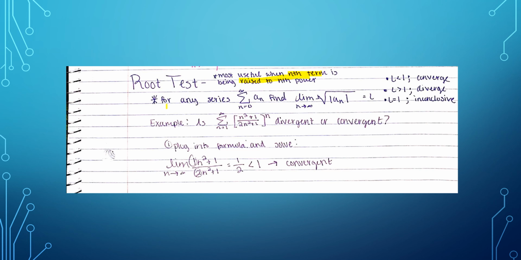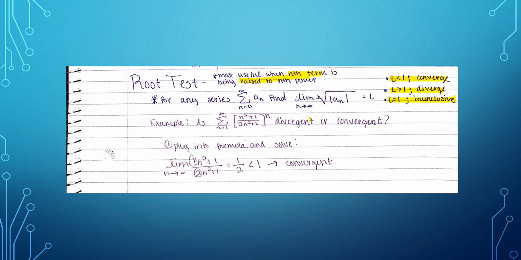Our little formula for this is that for any series, you need to find the limit of the nth root of the absolute value of that series, and that will give you your L. If L is less than 1, the series converges. If L is greater than 1, the series diverges. And if L equals 1, the series is inconclusive, and you need to use a different test to find convergence or divergence.